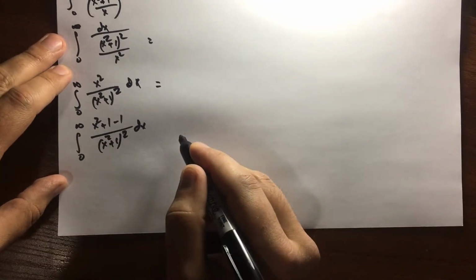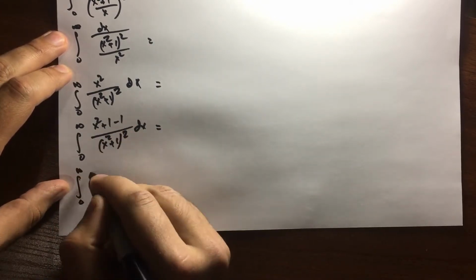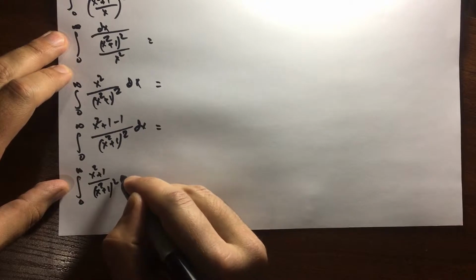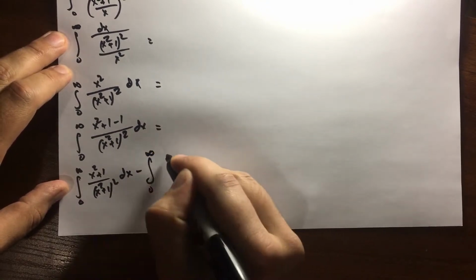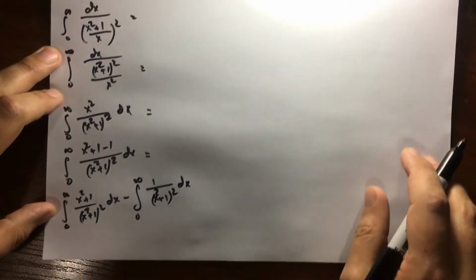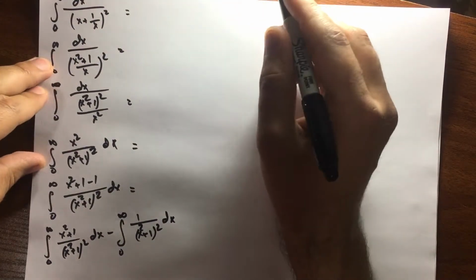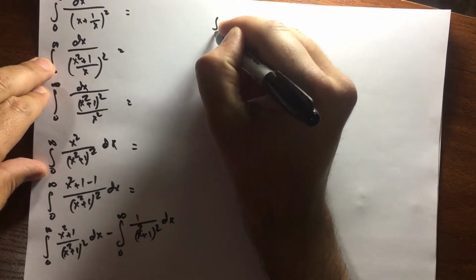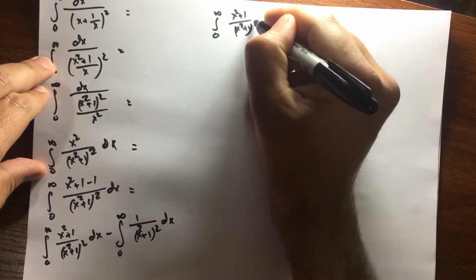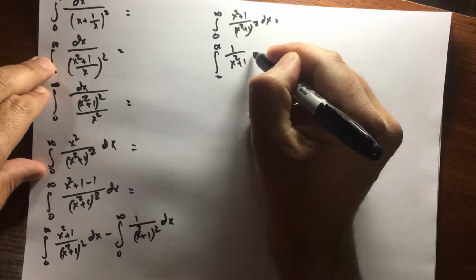Now we can split this into two fractions. So this equals the integral from 0 to infinity of (x squared plus 1) over (x squared plus 1) all squared dx, minus the integral from 0 to infinity of 1 over (x squared plus 1) all squared dx. Now the first part: the integral from 0 to infinity of (x squared plus 1) over (x squared plus 1) all squared dx equals the integral from 0 to infinity of 1 over x squared plus 1 dx.